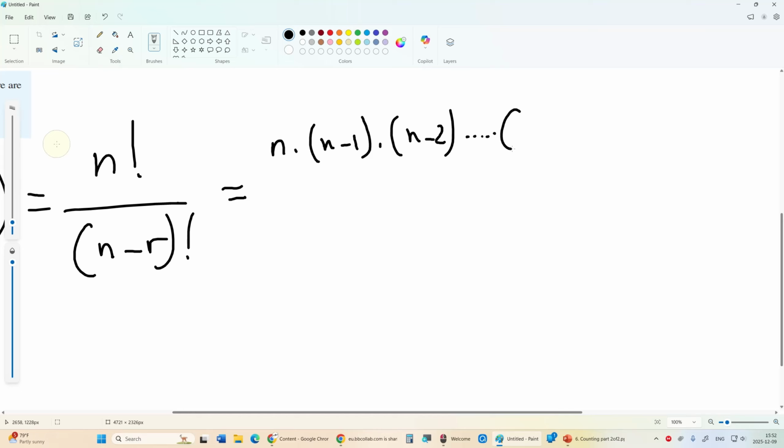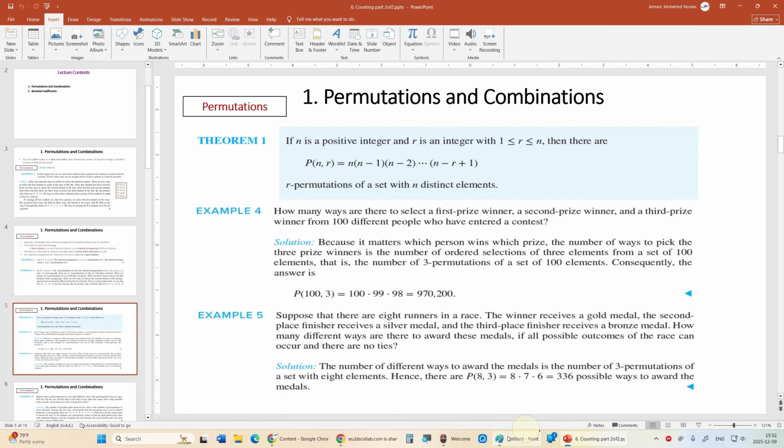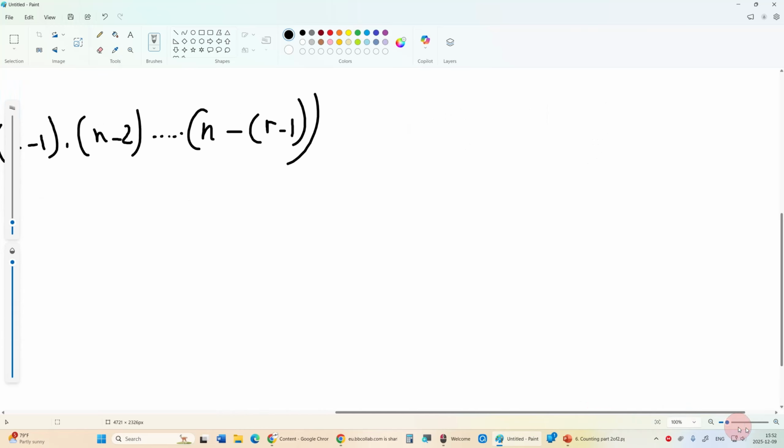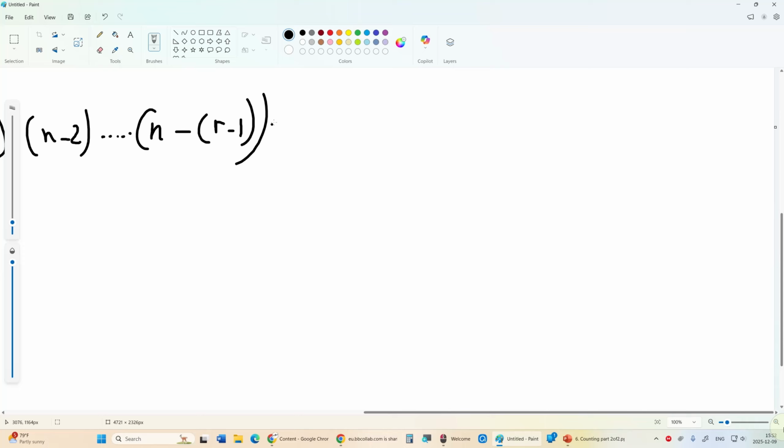Going through n minus r plus 1, because I'm removing some r, and that r is one number before that, and then a number after the r.